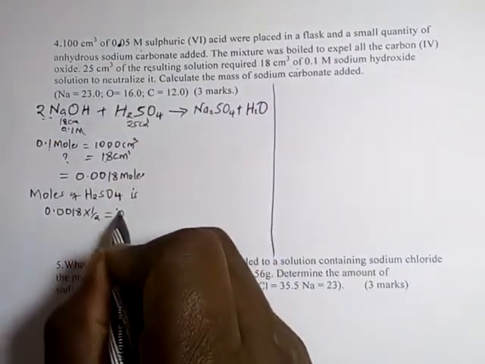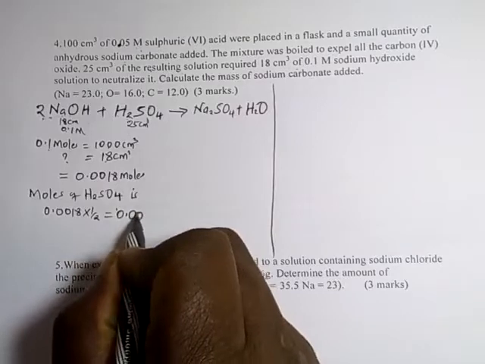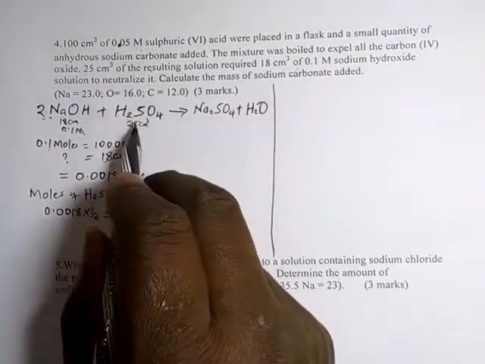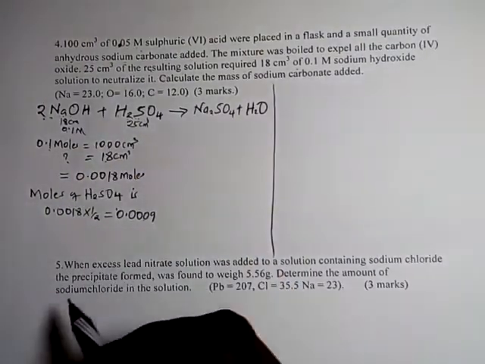So this one will give us 0.0009. This is the number of moles of sulfuric acid, the excess acid.